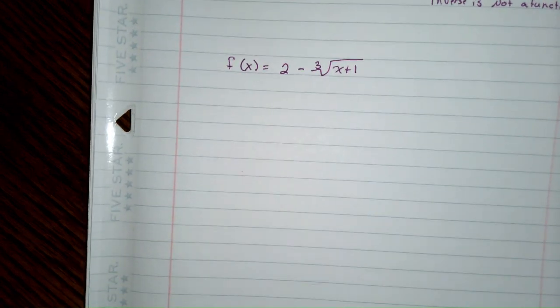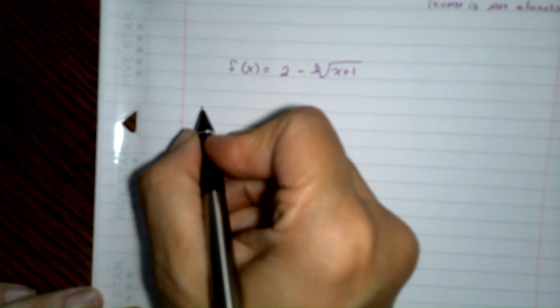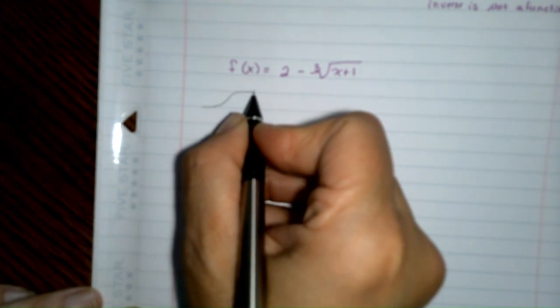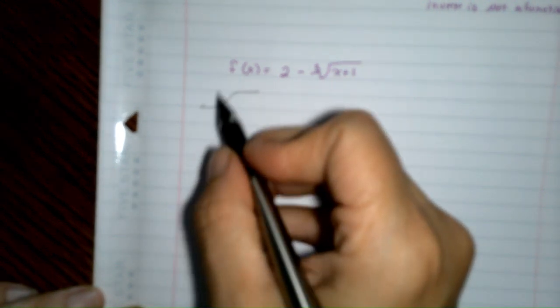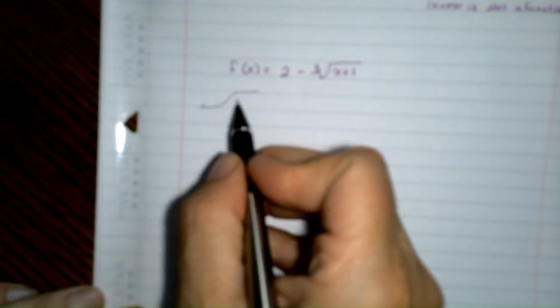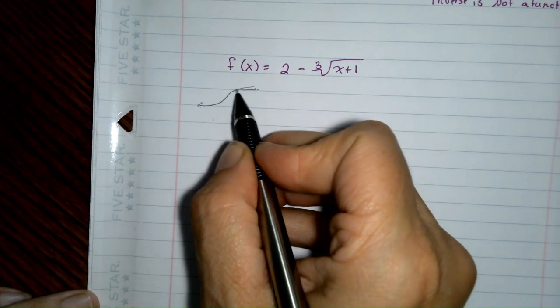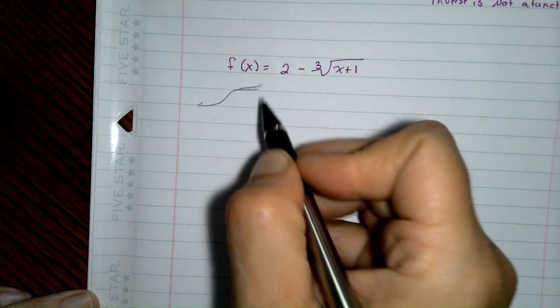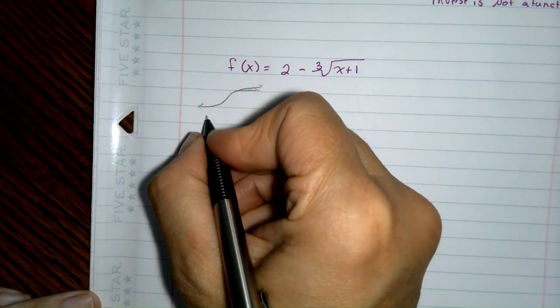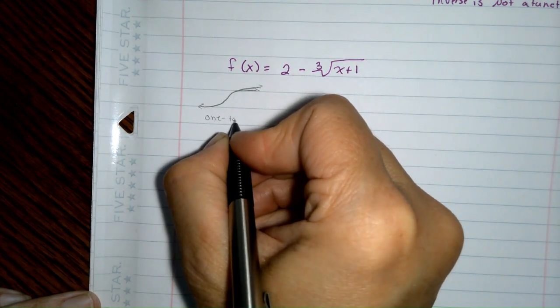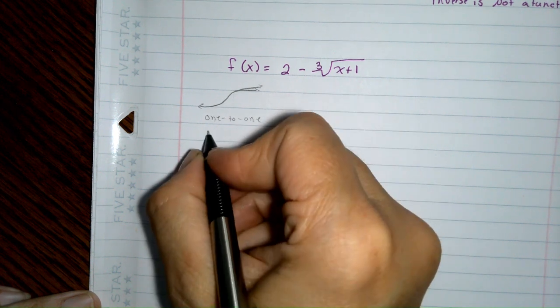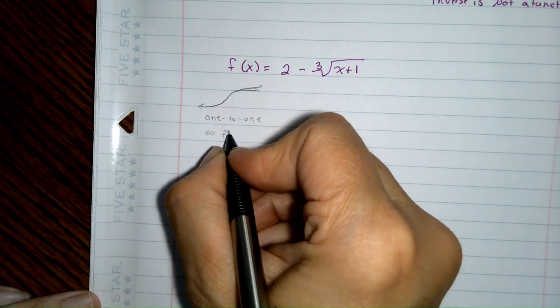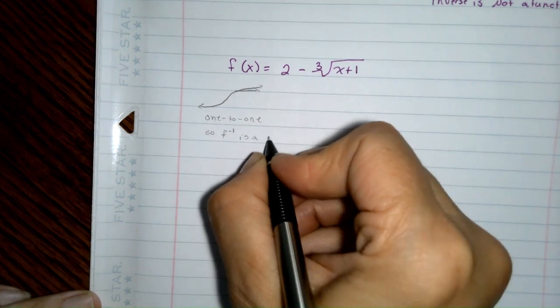If you watched my third root graph videos, you would know that I talked about them being the walk like an Egyptian graph. And they pass the vertical line test, and they also pass the horizontal line test, because this is still continuing to climb, just not very quickly. So this is 1-to-1. So the inverse is a function.